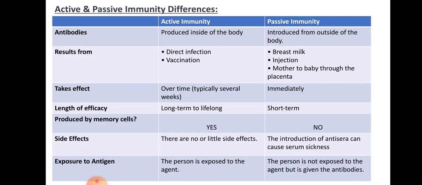Here we have a tabular column of differences between active immunity and passive immunity. As we discussed earlier, the main difference is that in active immunity the antibodies get produced in one's own body, and in passive immunity the antibodies are introduced from outside of the body.